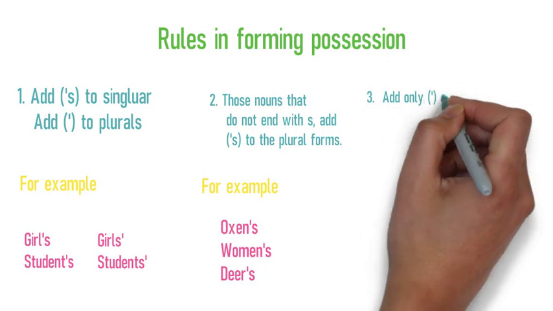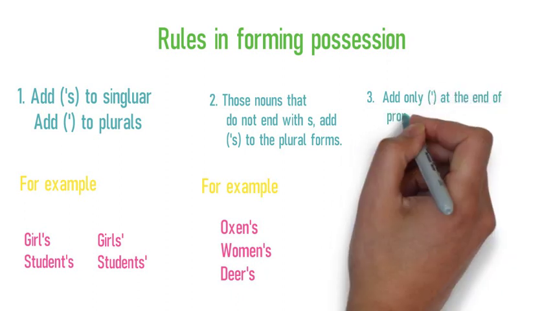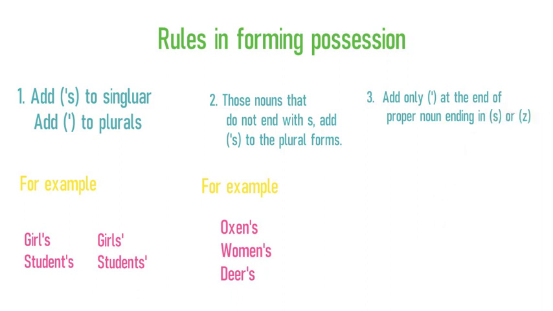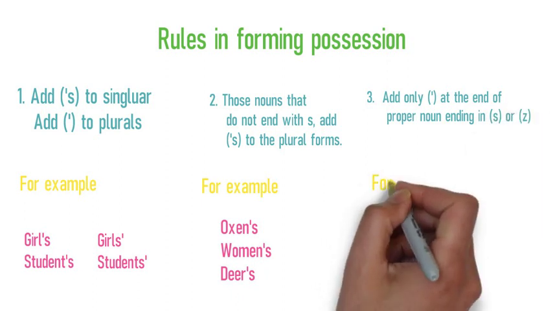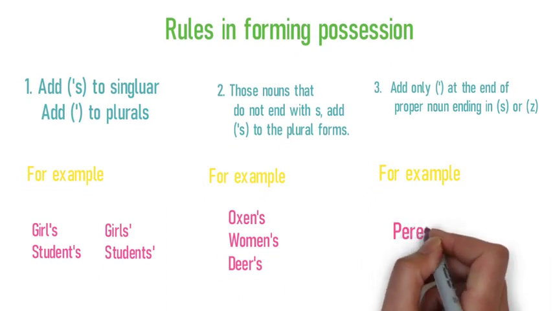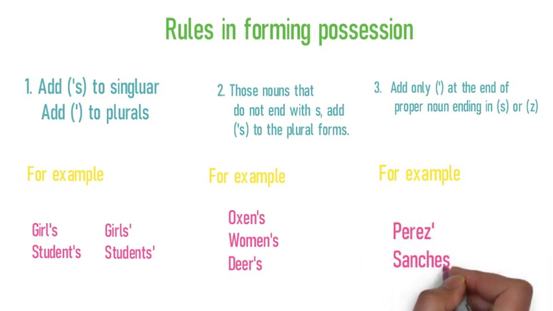Add only an apostrophe at the end of a proper noun ending in s or z. For example, Perez, Sanchez. All these are proper nouns and end with s or z. So we add an apostrophe to them to make it possession.